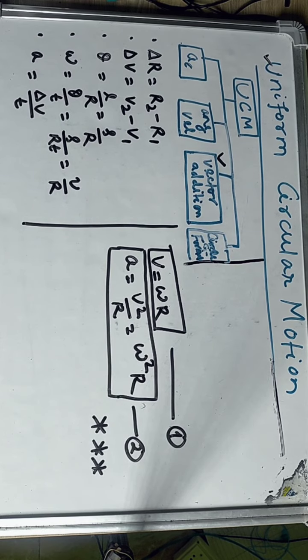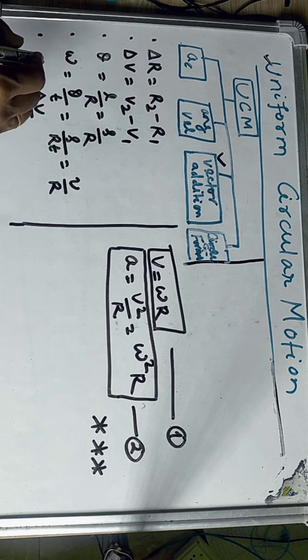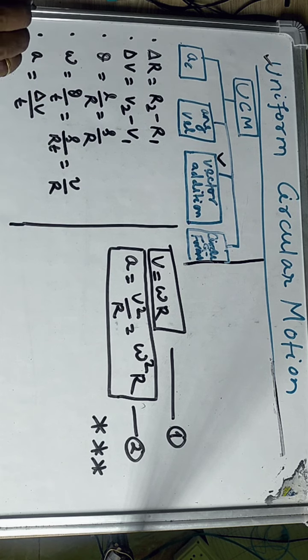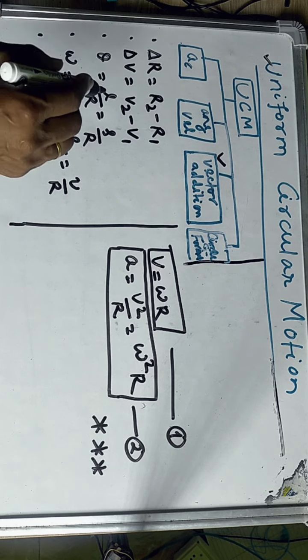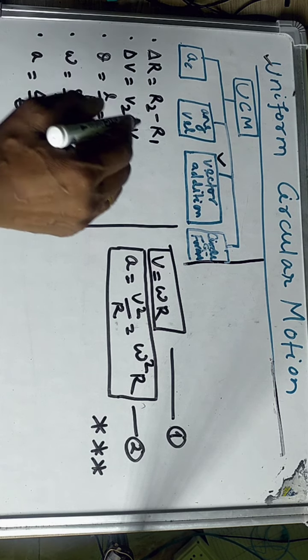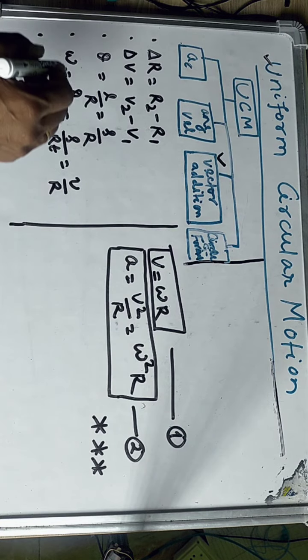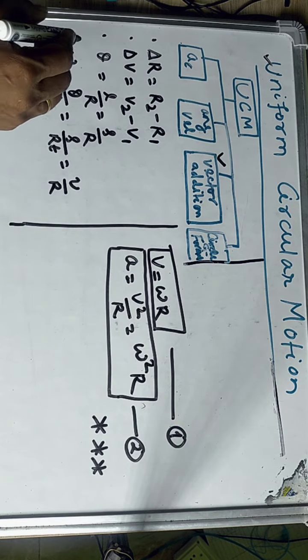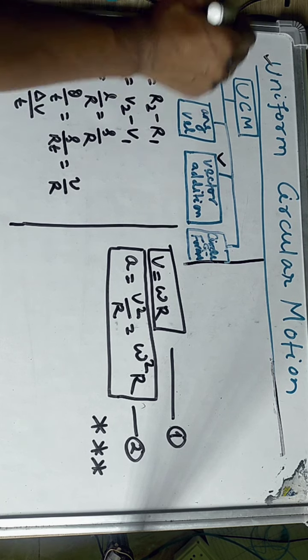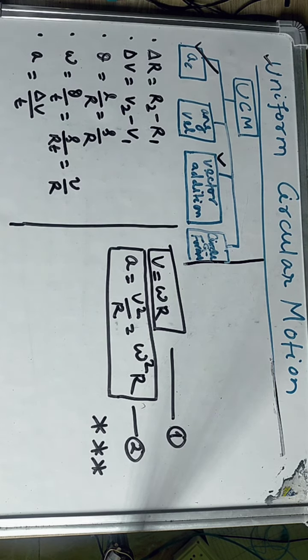Summarizing what we have studied till now, to find out the value of a, because the main goal of this topic, uniform circular motion, is how to find out the acceleration. Now acceleration we know is the rate of change of velocity.